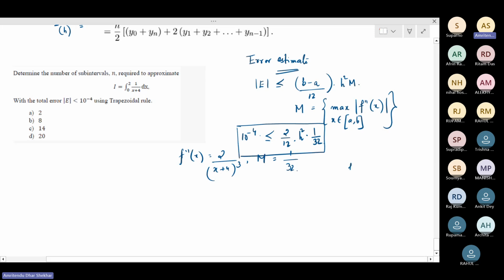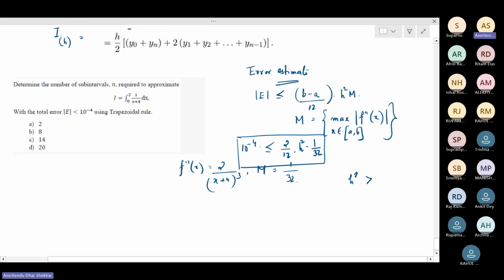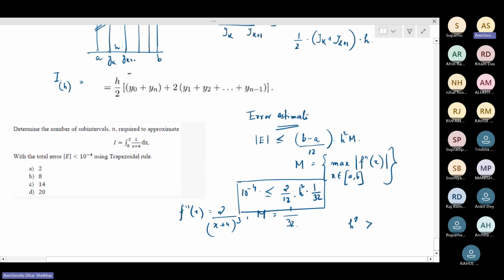You will get h squared to be greater than sorry, yeah, you will get this h. Actually, sorry, I'm making a mistake. Just give me 1 second.